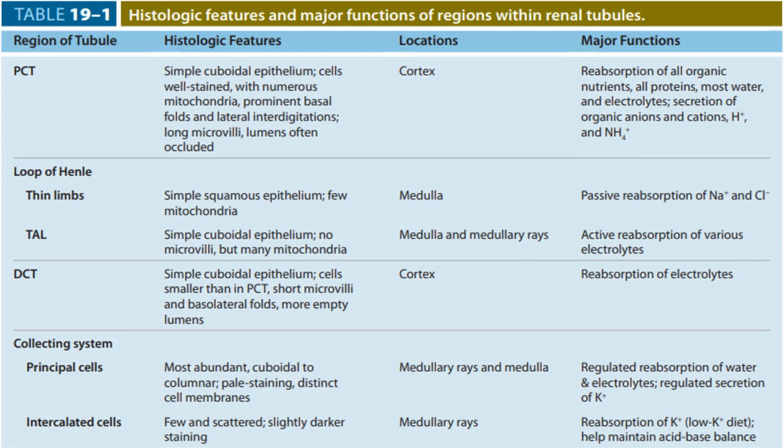In this slide you'll see the histological features and major functions of regions within the renal tubules, such as the PCT, loop of Henle, collecting system, etc. So first we'll talk about the PCT, the proximal convoluted tubule. It has simple cuboidal epithelium.